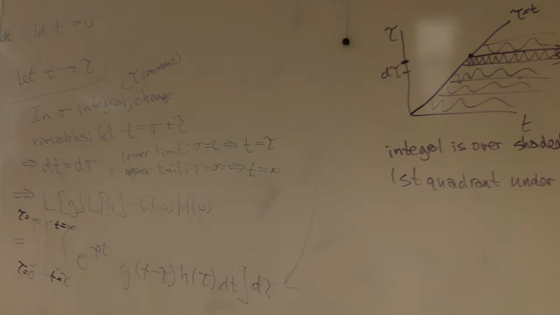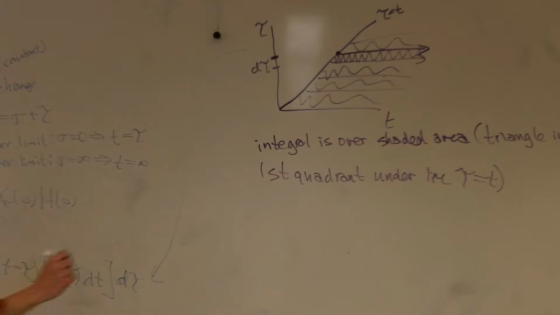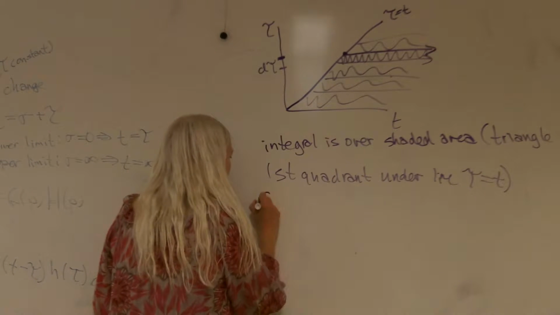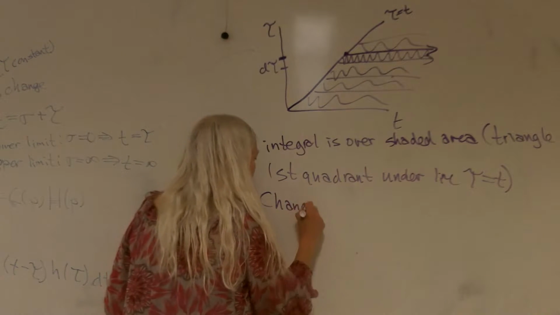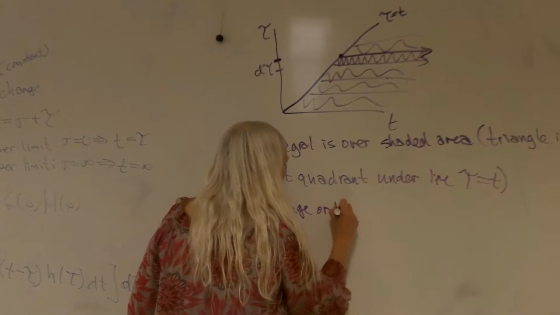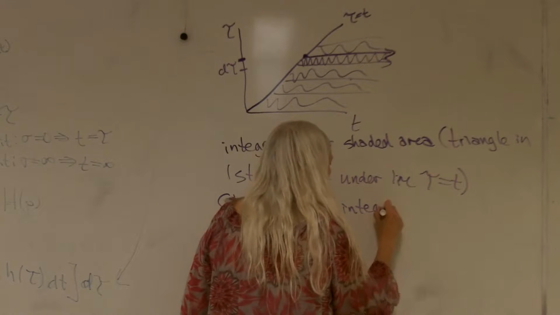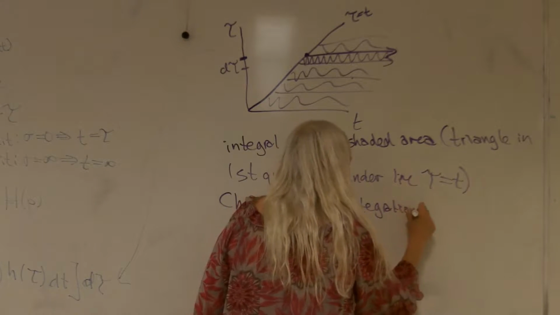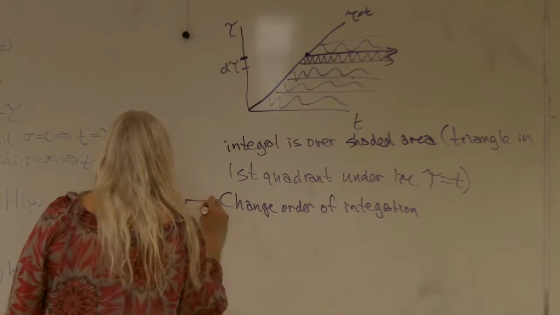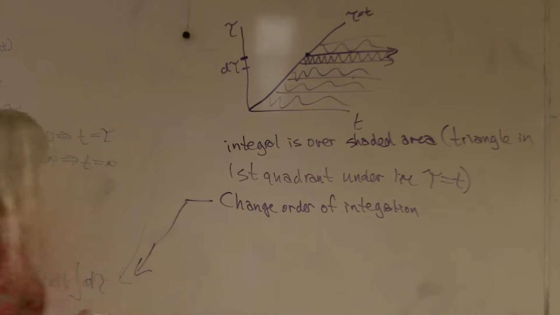Well, we could cover that area in a different way, other than doing it that way. So we could, in other words, change the order of integration in this integral. Instead of doing the t integral first and then the tau integral, we could do vice versa.